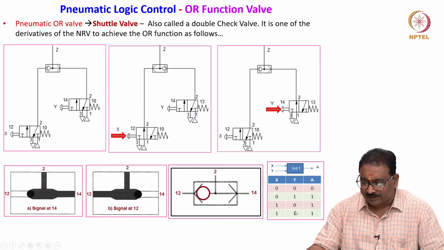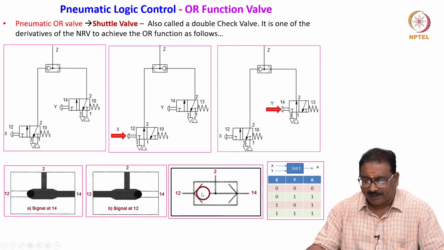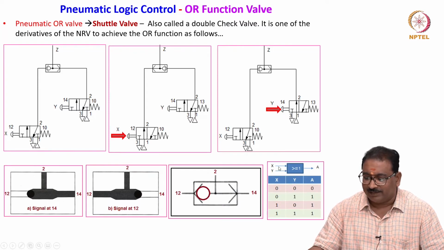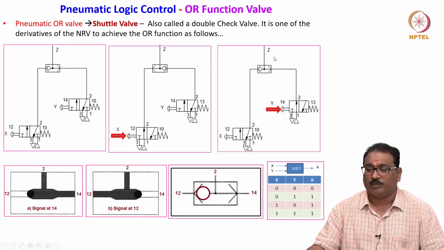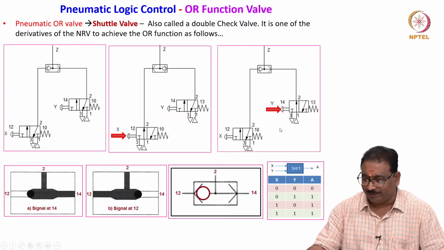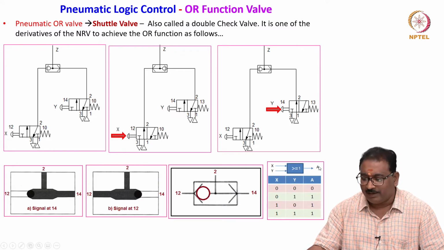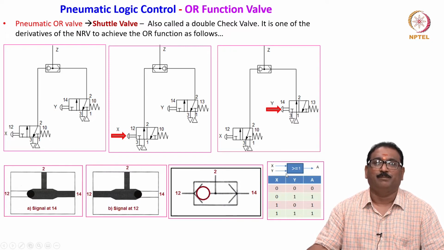Or when you press both buttons, the ball will slide to the middle, and then it will receive the flow. Okay? X and Y are the inputs, A is the output, here it is Z, whatever it may be. X greater than or equal to 1, output is there. Similarly, Y greater than or equal to 1, output is from Y. Very, very simple, friends.